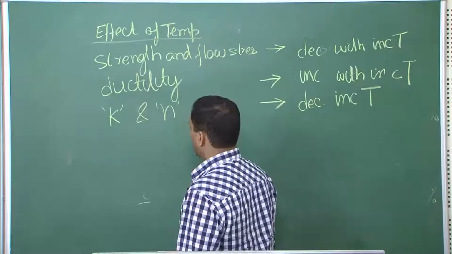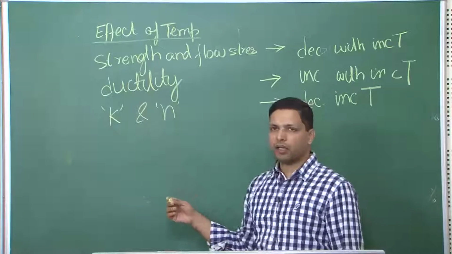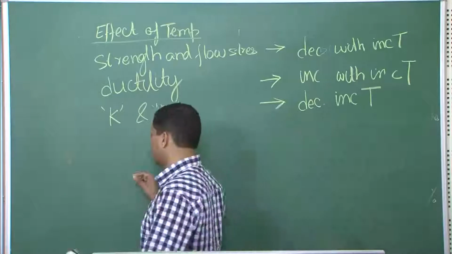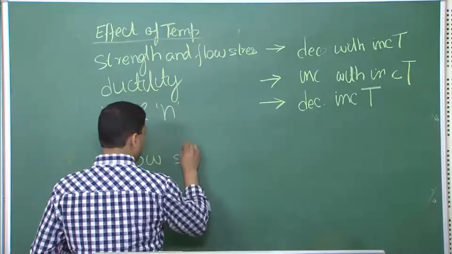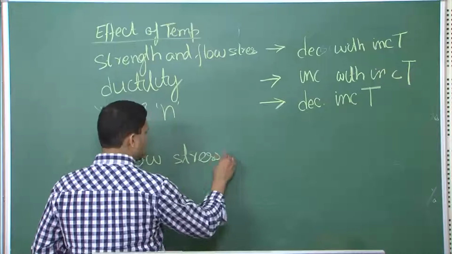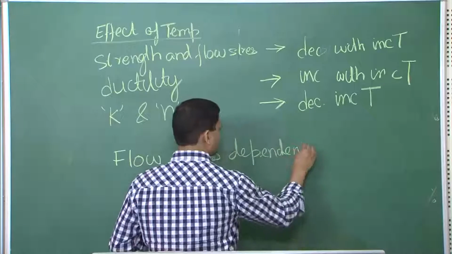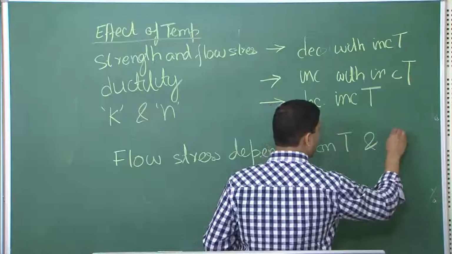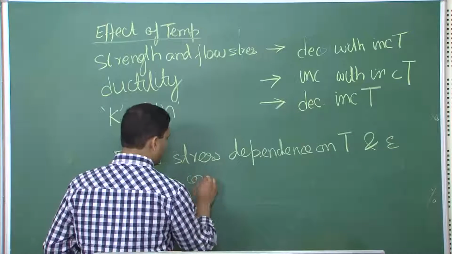Now, there is a deeper correlation between temperature and another parameter that we have studied, which is strain rate. The flow stress dependence on temperature and strain rate are correlated, or there is an equivalence.